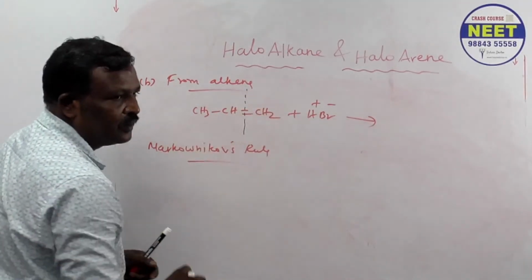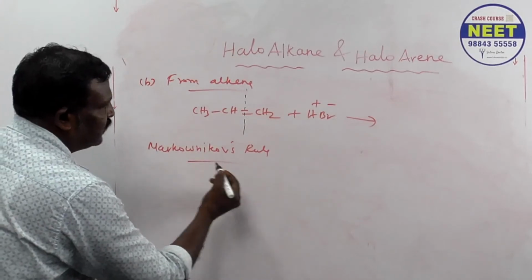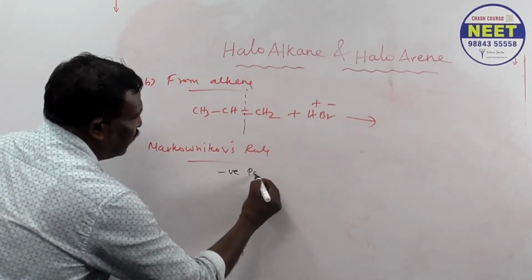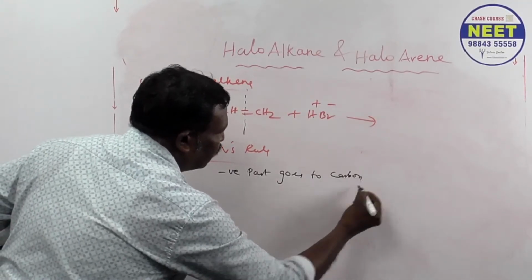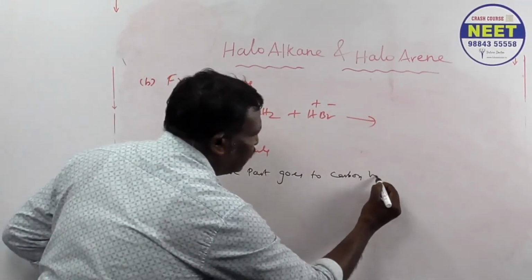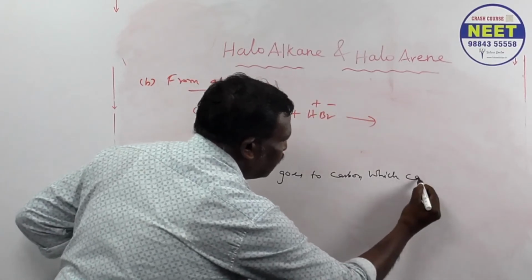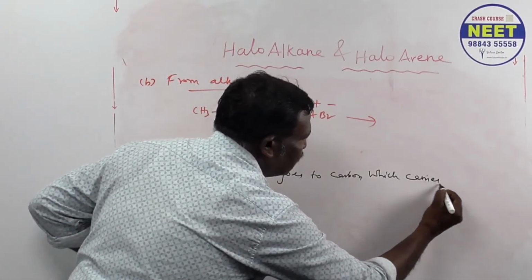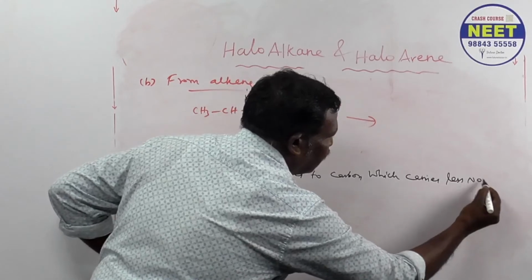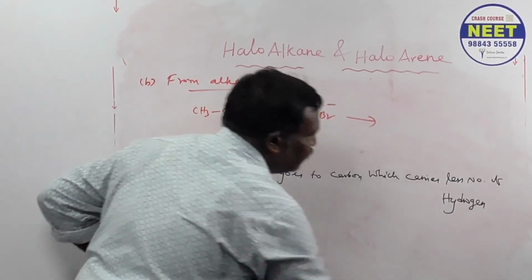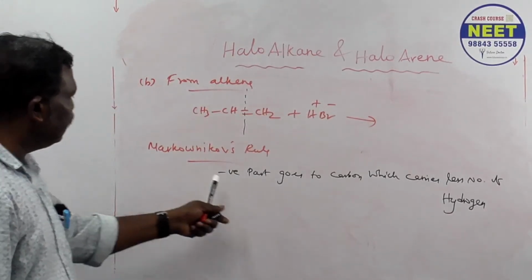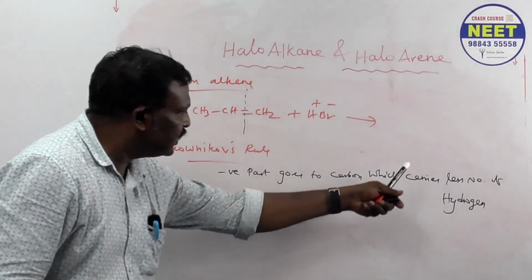What is the Markovnikov rule? The negative part goes to the carbon atom which carries less number of hydrogen. Understood?